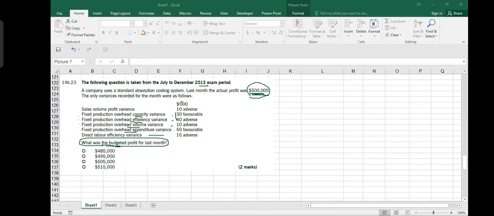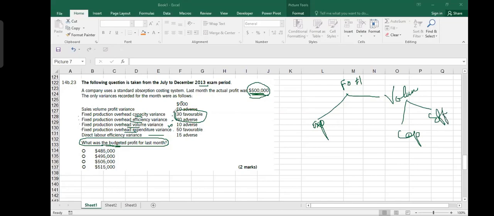You remember that your capacity variance and efficiency variance, these two variances together make volume variance. Always remember your fixed overhead variances are of two types. Here you've got expenditure variance, and here you have volume variance. And within volume you have capacity and you have efficiency.